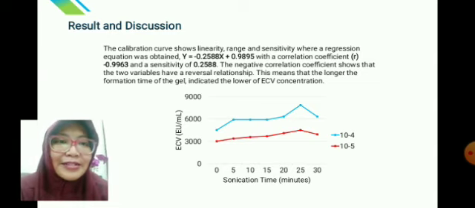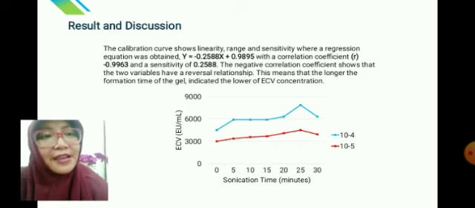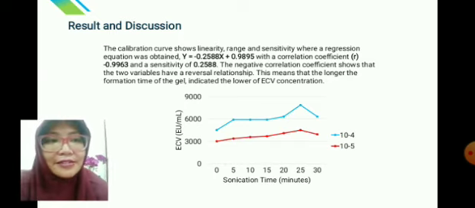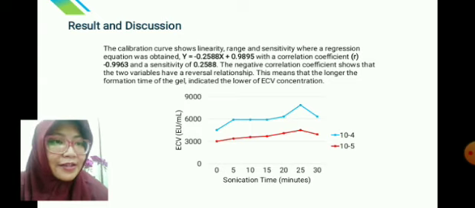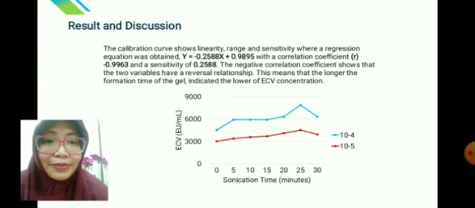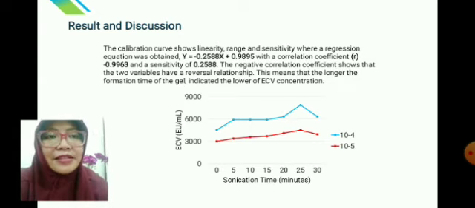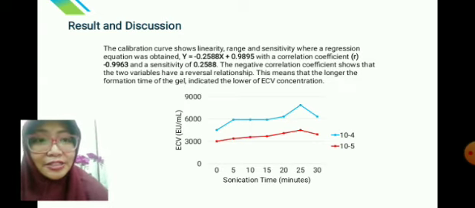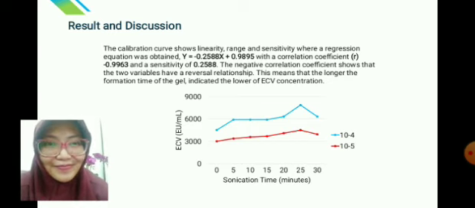As we see in this figure, the red line is dilution 10 power minus 5 and the blue line is 10 power minus 4. We see that there is an optimum condition at 25 minutes sonication time.